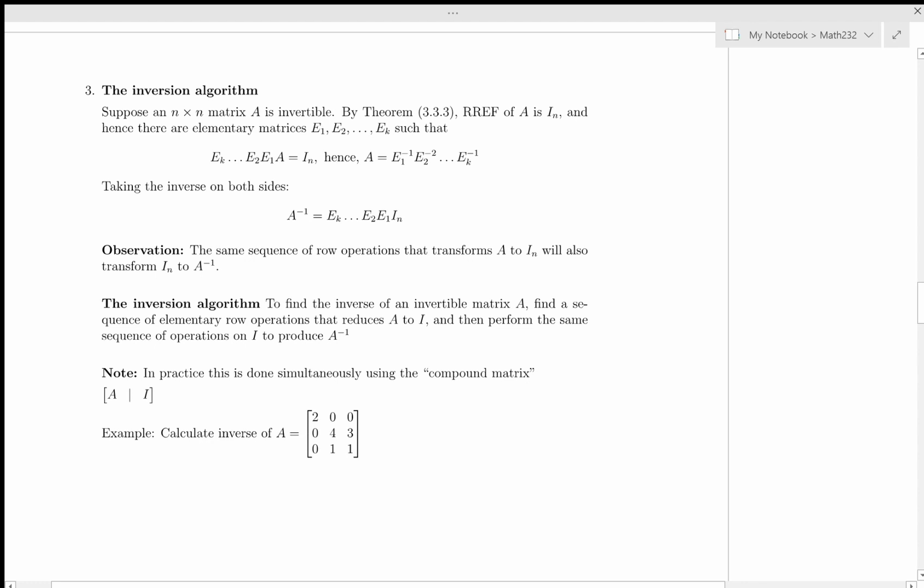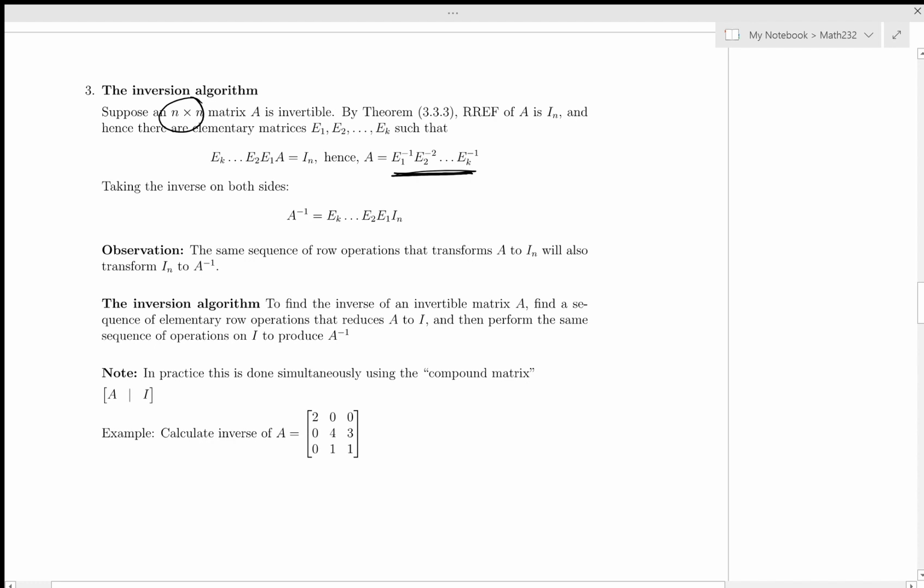We have a square matrix A that's invertible. The reduced row echelon form of A is I, and therefore there are all these elementary matrices that exist, and A is in fact the product of the inverses of all of those.